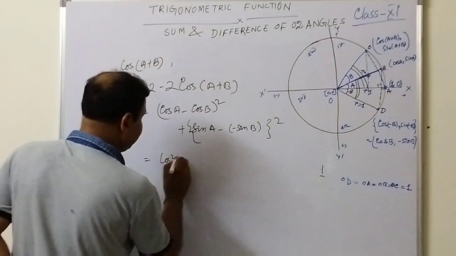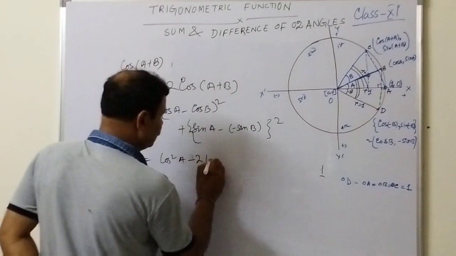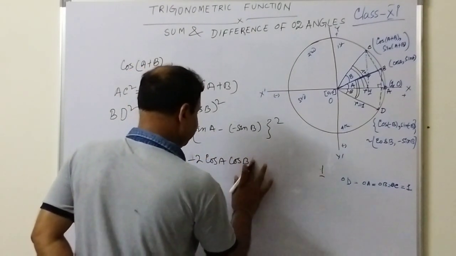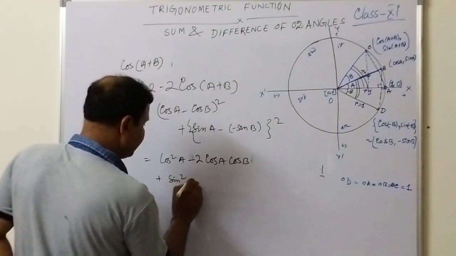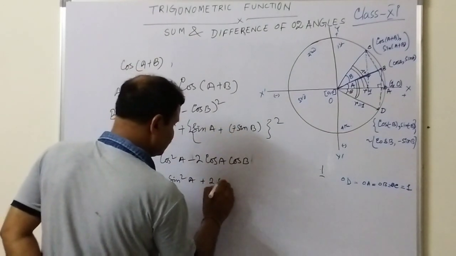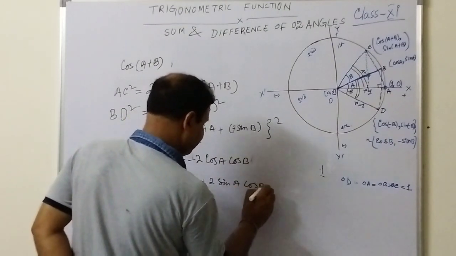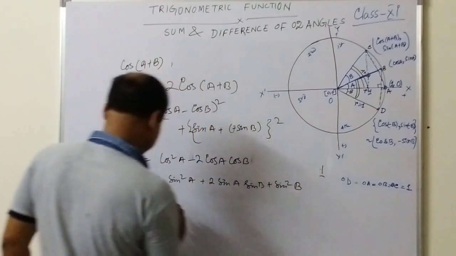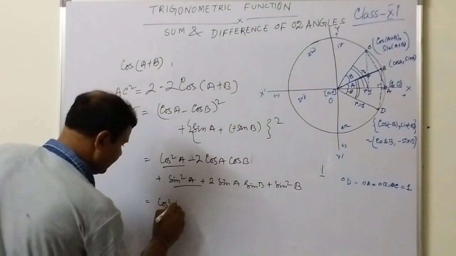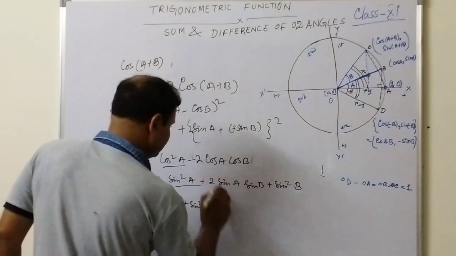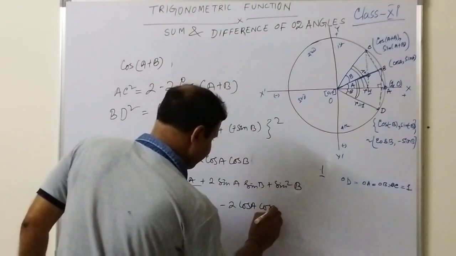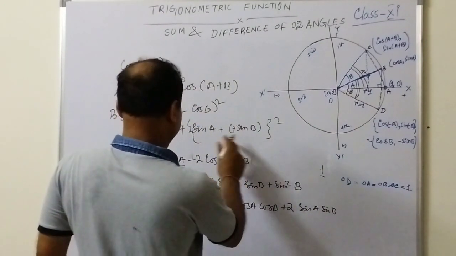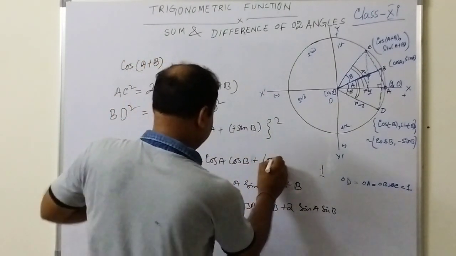So this is cos square A minus 2 cos A cos B plus sin square A, this is minus plus, so this is plus 2 sin A sin B, plus sin square B. So rearrange again: cos square A plus sin square A minus 2 cos A cos B plus 2 sin A sin B, then again cos square B was left.